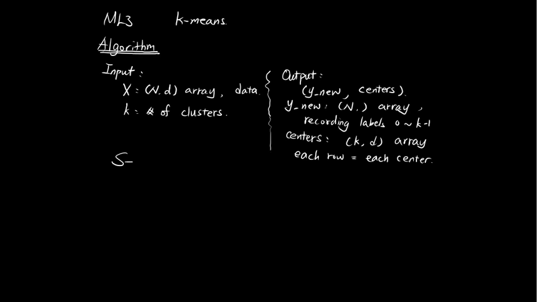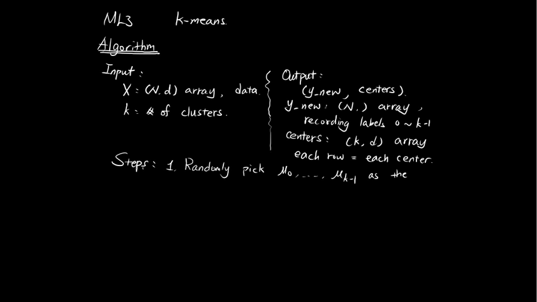So the first step is to randomly pick some centers. We have k clusters, and each cluster has a center.